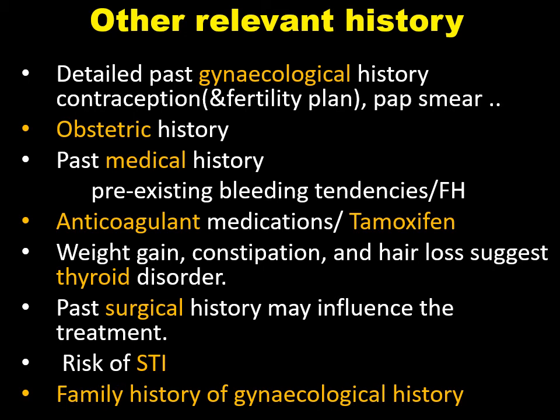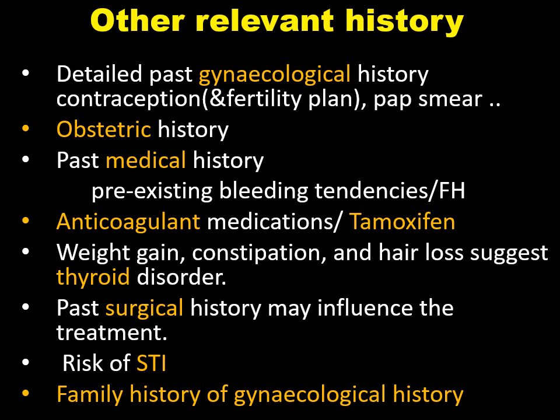and similar family history, medications of anticoagulants. We're talking about warfarin. Also, tamoxifen is very important. Tamoxifen is used in the management of breast cancer. It has an anti-estrogen effect on the breast, but estrogenic effect on the endometrium.